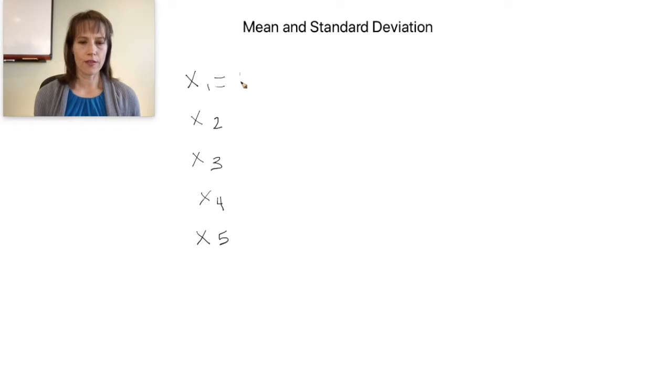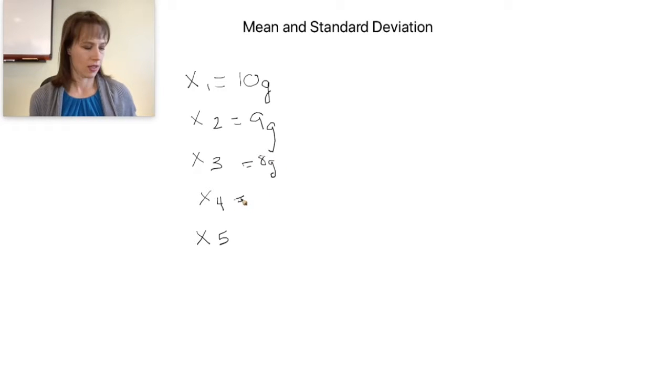And the first time we collect, we put it on the scale, we end up with 10 grams, and we have 9 grams the second time, 8 grams the third time, 11 grams the fourth, and 10 grams on the 5th time.